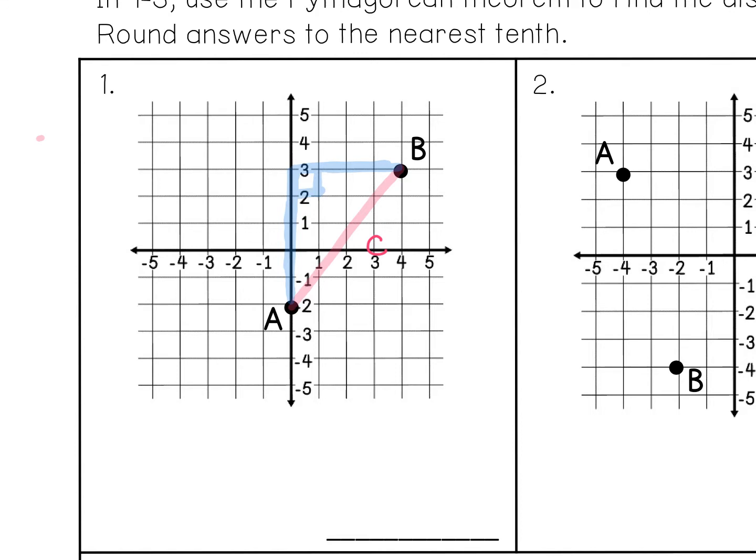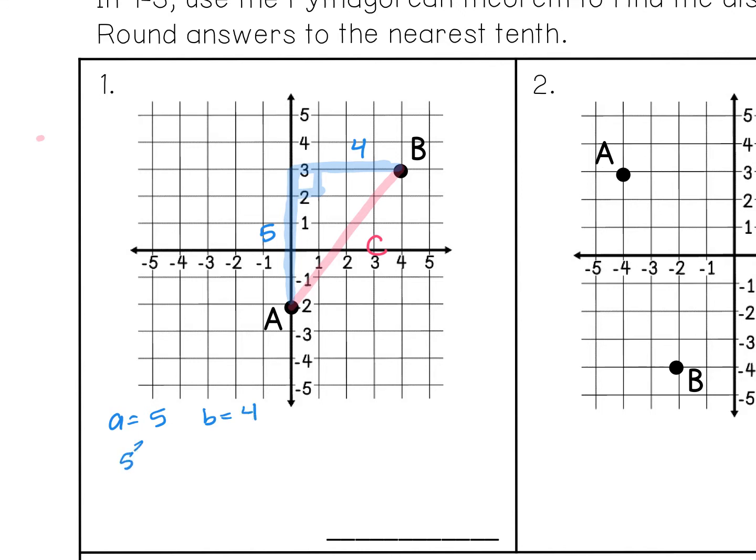To find the length of the legs, I'm just going to count. So from -2 to +3, I know is 5, and from 0 to 4 is 4. So my legs are 5 and 4.